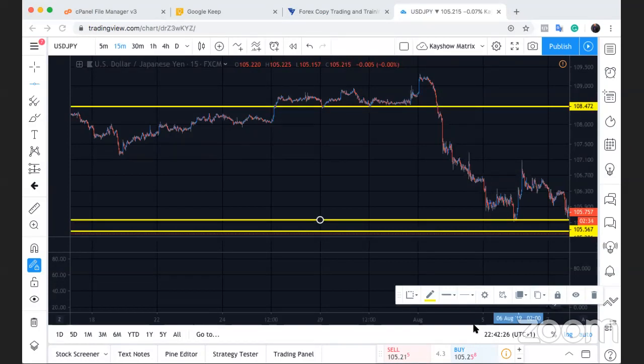If your account is $200, your lot size should be 0.02 for $200. And if your account is $1,000, your lot size should be 0.1 for $1,000.